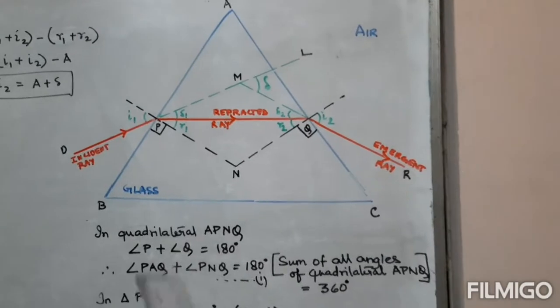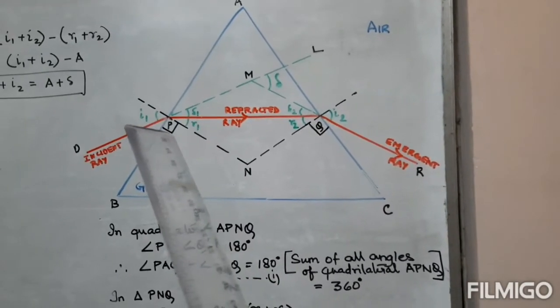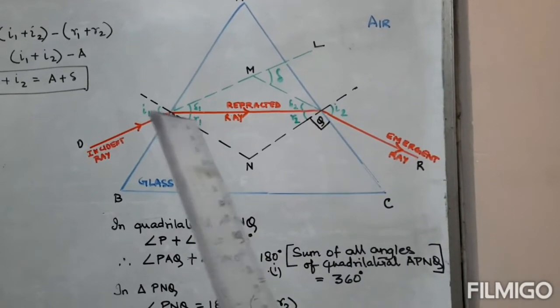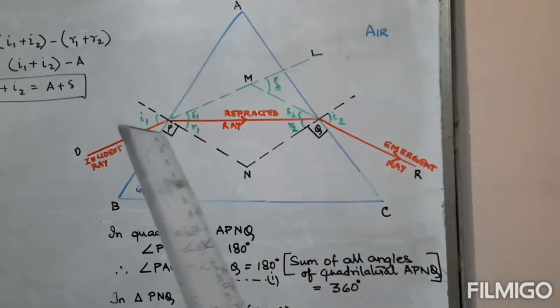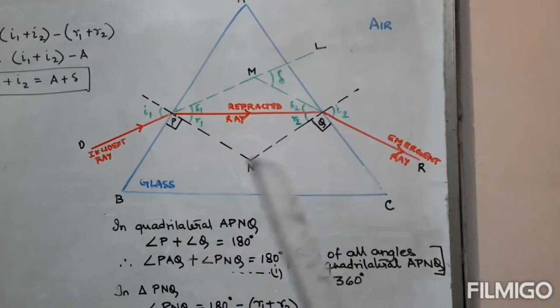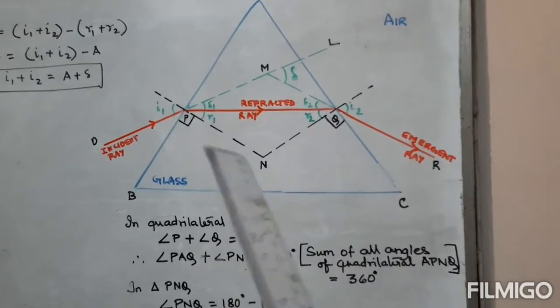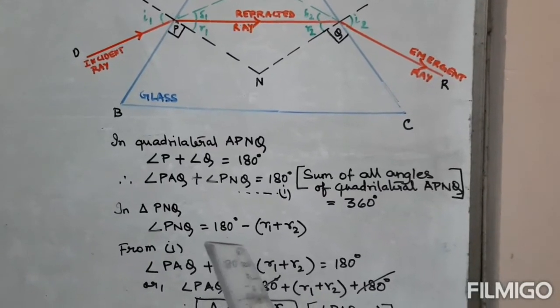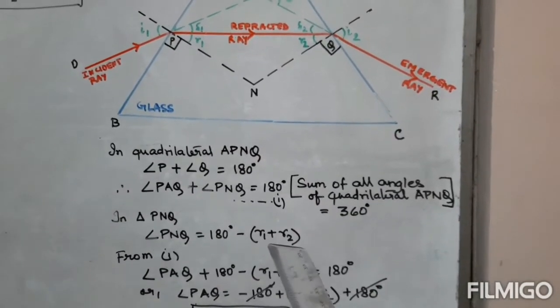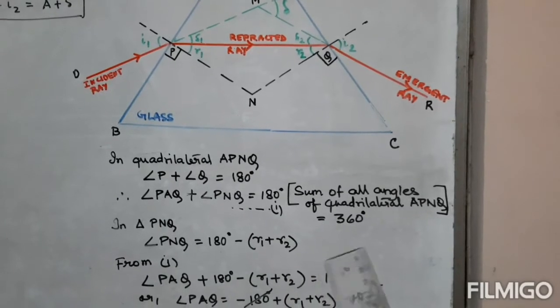Now in this particular triangle PNQ, angle R1, angle R2 and angle PNQ make 180 degrees because this is a triangle. Therefore, angle PNQ is equal to 180 minus (R1 plus R2).